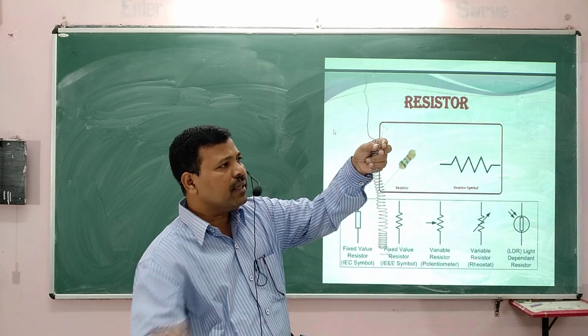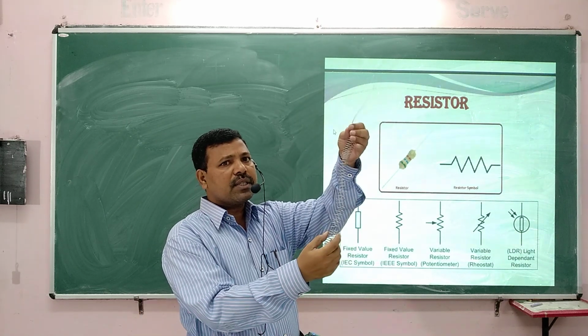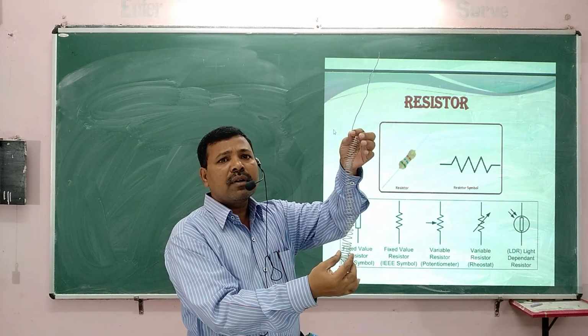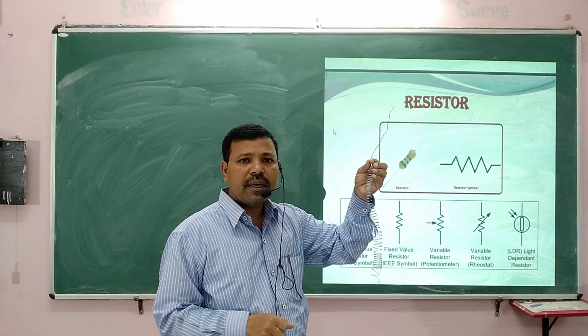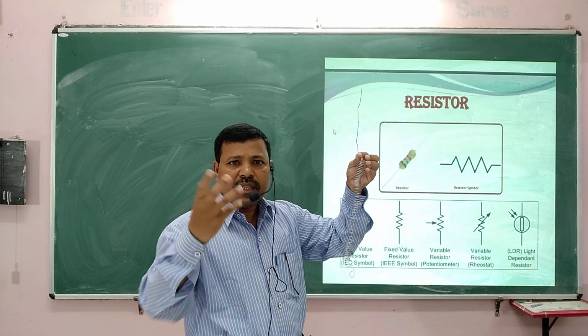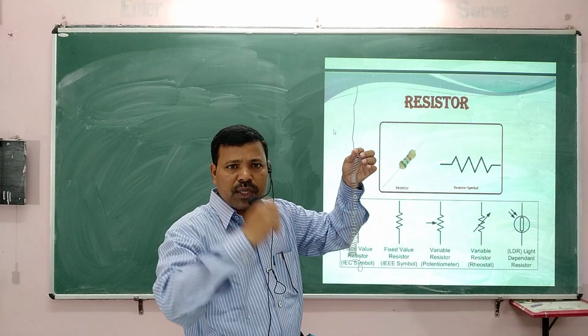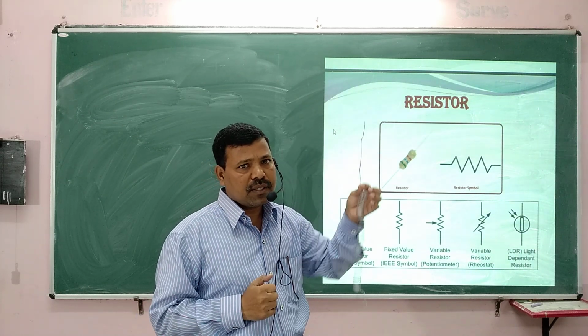They look like springs. These wire bound resistors are made of alloys: constantan alloy, manganese alloy, nichrome alloy. These alloys are used in making wire bound resistors.